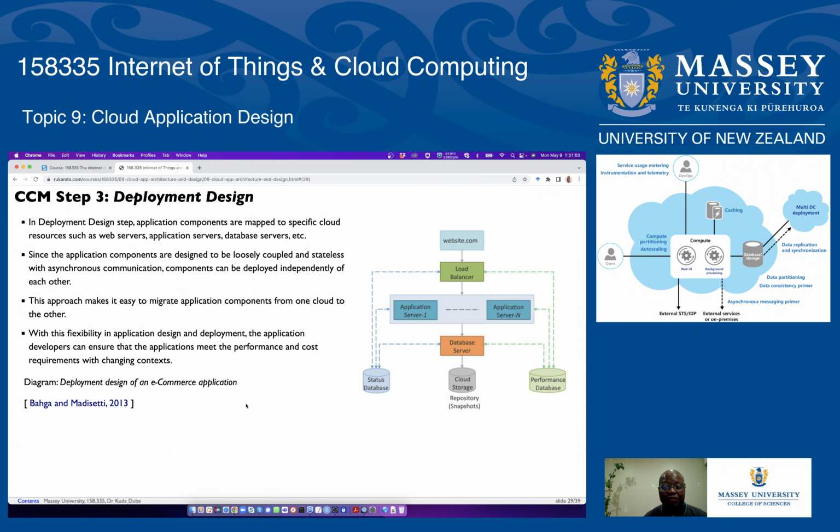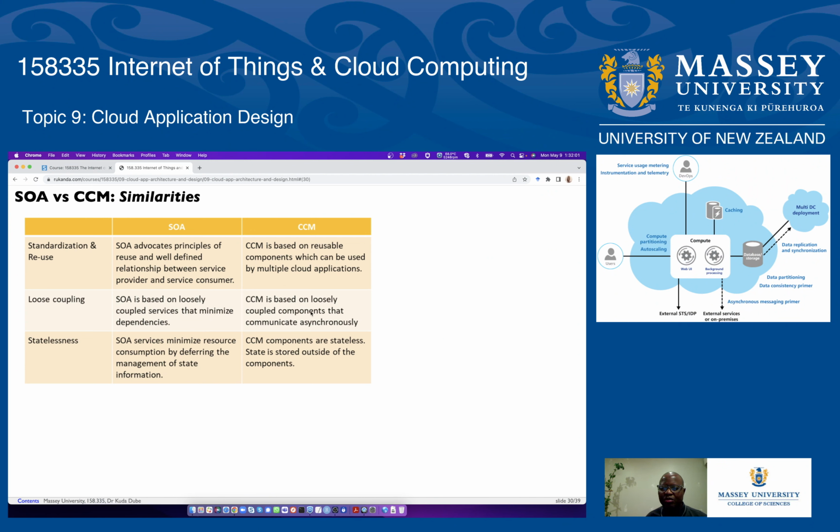The cloud component model, CCM, is based on reusable components which can be used by multiple cloud applications. So that's a very important similarity. Also, both of them require loose coupling of services to minimize dependencies, and cloud components are based on loosely coupled components that communicate asynchronously as well.